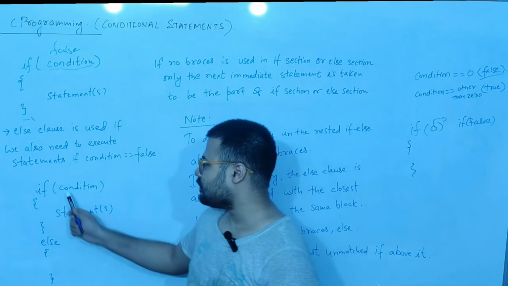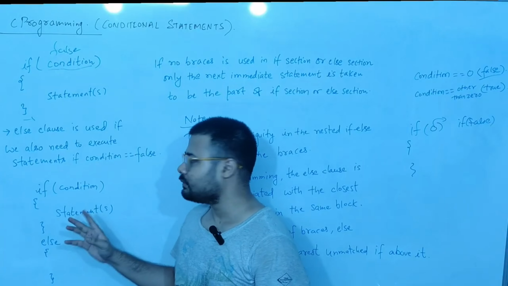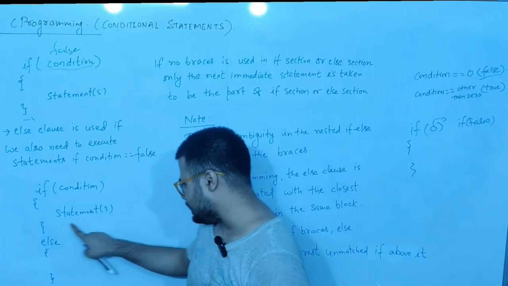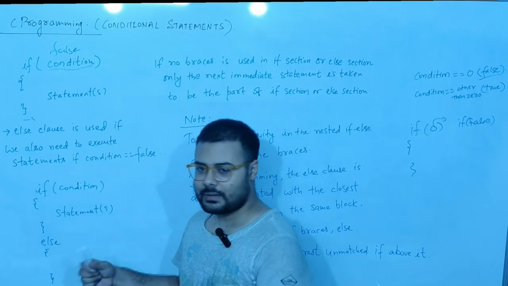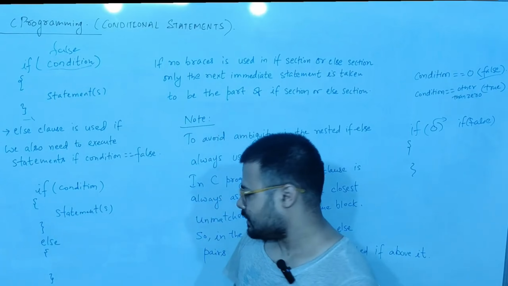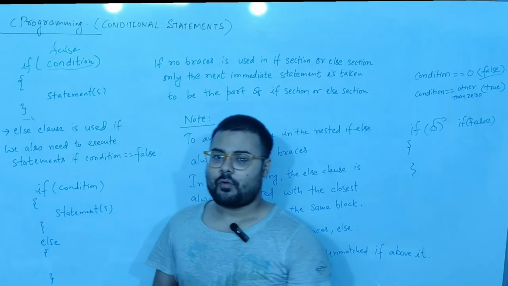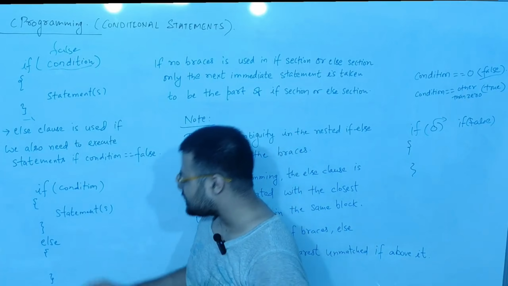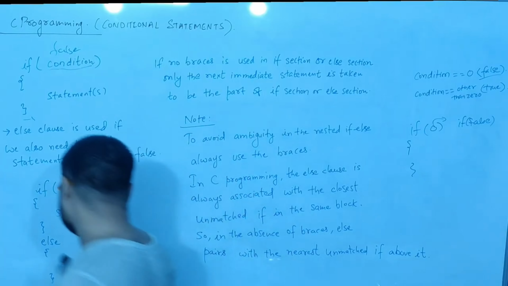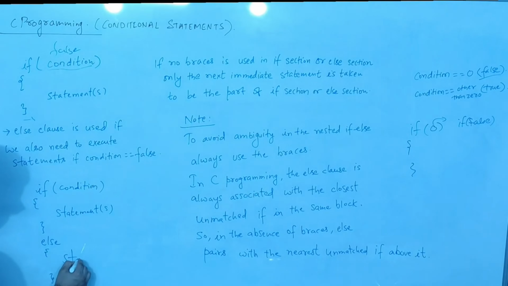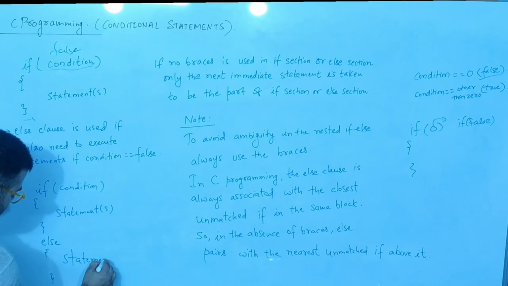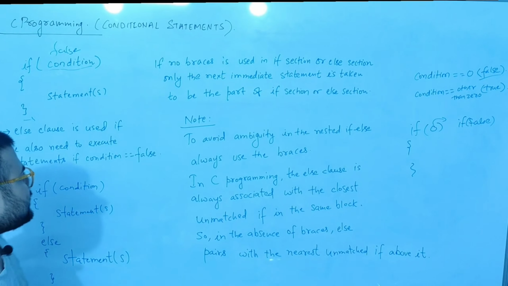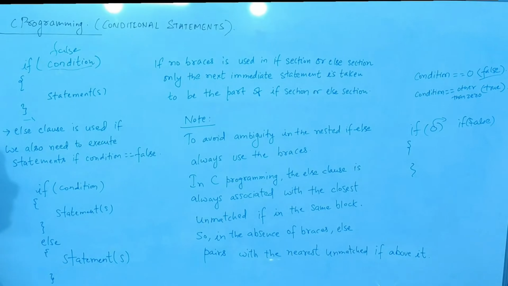So in your if condition, you will check for the two numbers to be even, and if it turns out to be true, in this statement you will perform x is equal to y plus z, something like that. But if this condition becomes false, means any one of the numbers is not even, so in the else statement, write the code to multiply the two numbers. So this was about if, and this was about if else.